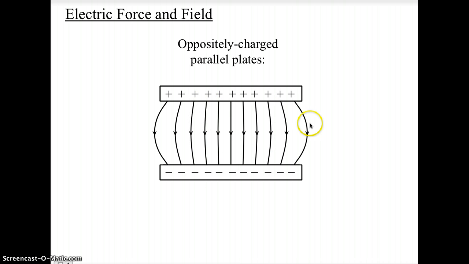And at the edges, because the plates end, the field starts to bow out and it starts to look more like the electric dipole, where it moves out along a radius and then comes in along a radius. So whenever you draw the field due to oppositely charged parallel plates, you have to include this bowing effect where the field lines start to look radial again. You have to include this in your drawing because that's what happens at the edge.